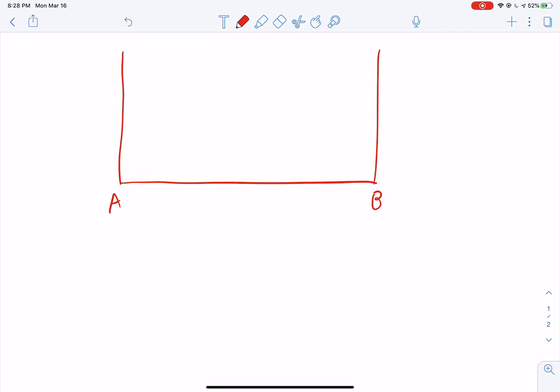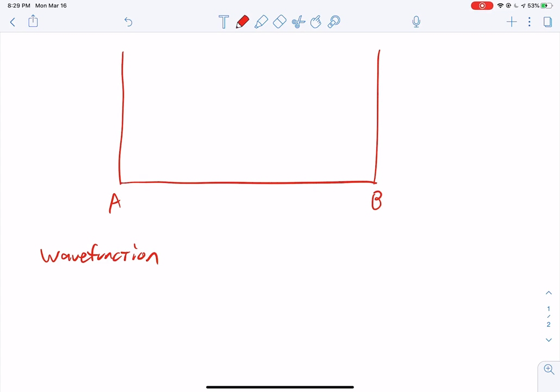Now, the tool we use to understand where the electron might be is called the wave function. Now, the wave function is a mathematical function. It's a line on a graph that can be used to understand the probability of where an object is at a specific time.